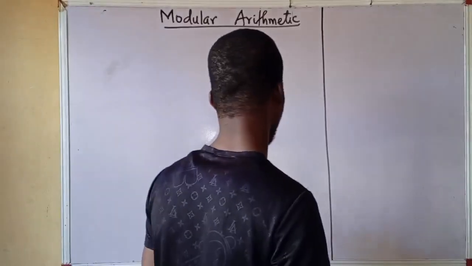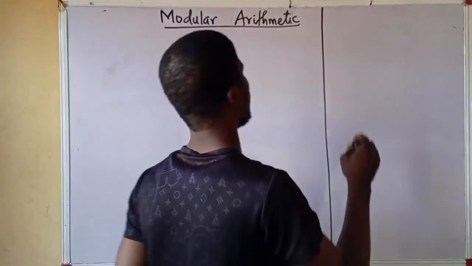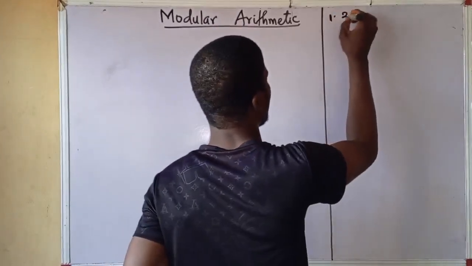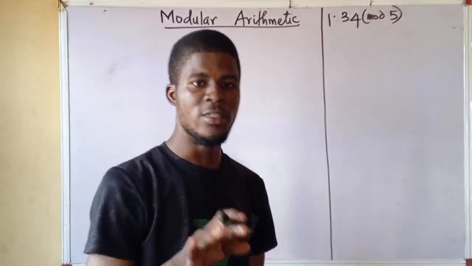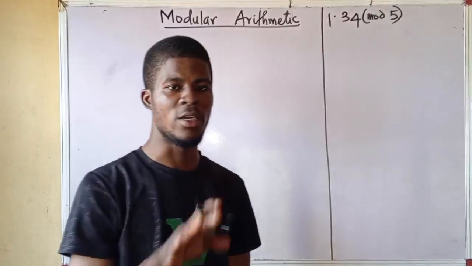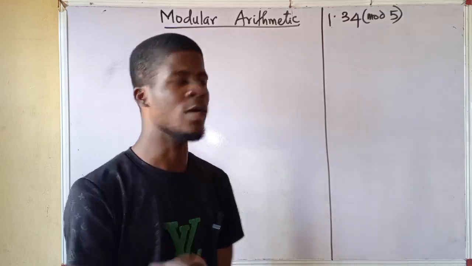Let's take this first question. What is 34 in modulo 5? Like I said, 34 is not an integer in modulo 5, so we have to reduce it and take the remainder.